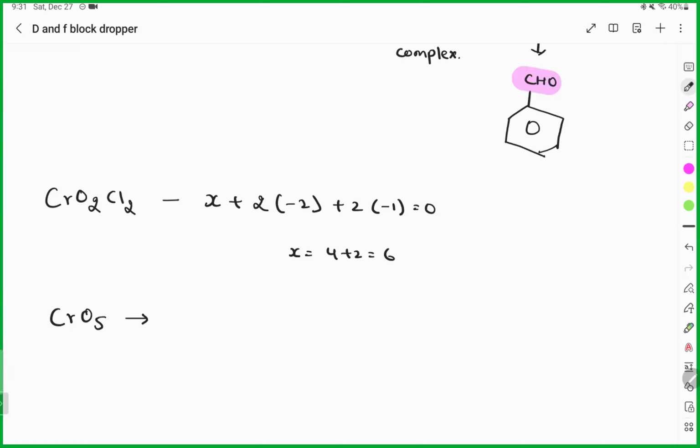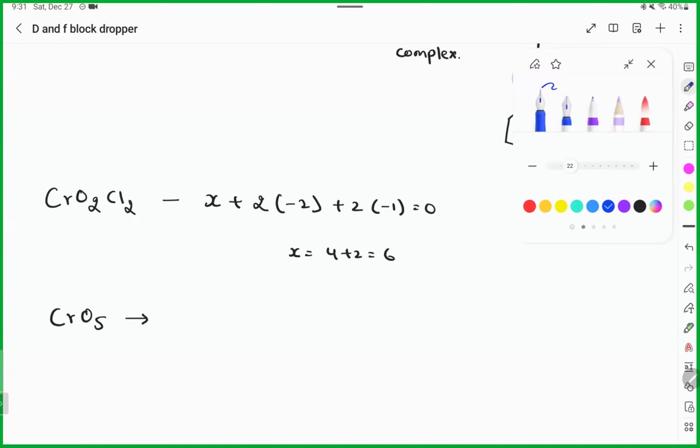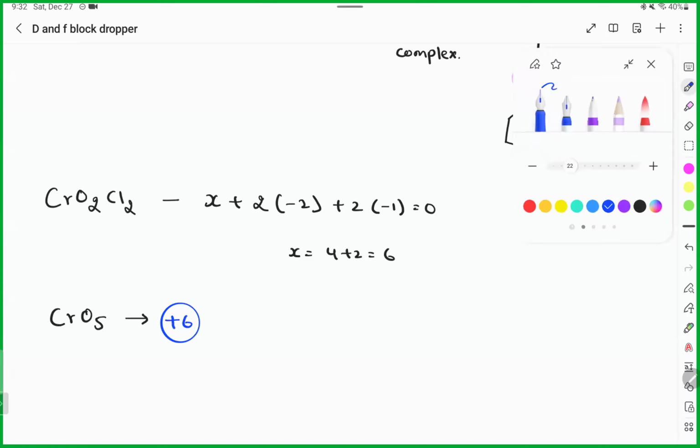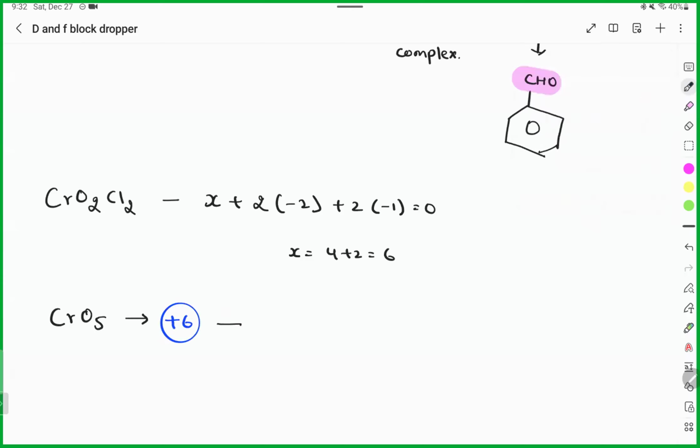It will be +6. So remember, any element cannot have a higher oxidation state than the number of electrons it has in the outermost shell after the noble gas configuration. Here +6 is possible, and as you mentioned, butterfly structure.